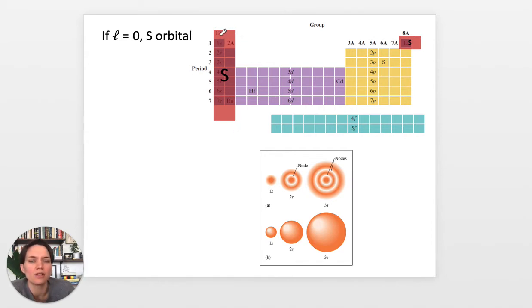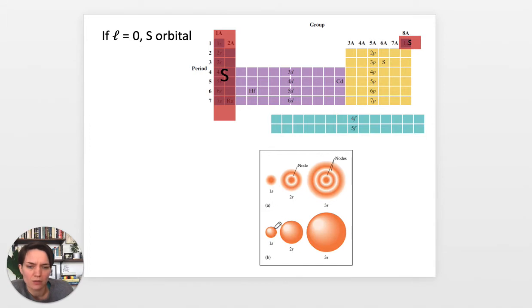Those are the parts of the periodic table that are first filled in the building of more and more complex atoms. So s orbitals correspond to this area of the periodic table. We're going to come back to that, so don't stress out about that right now. I'm just trying to orient you as we work through this. So if L equals 0, then we have s orbitals.